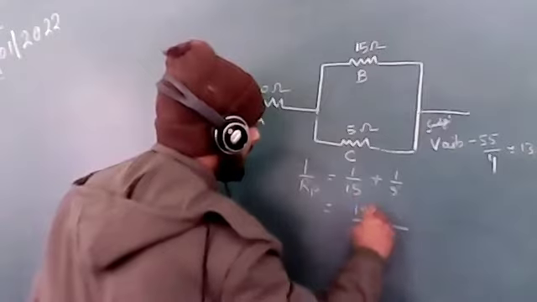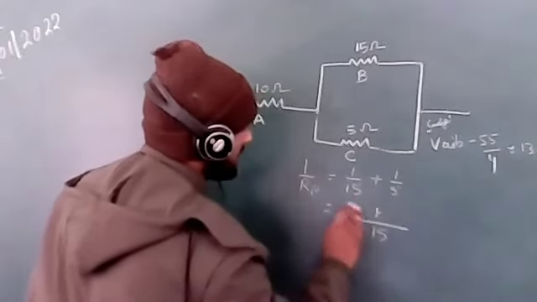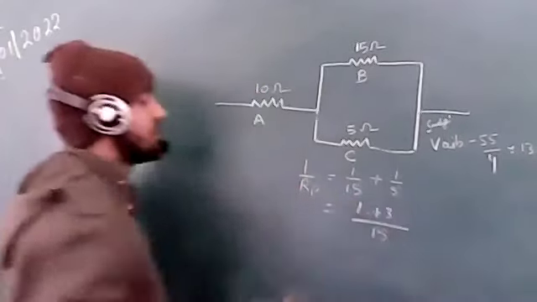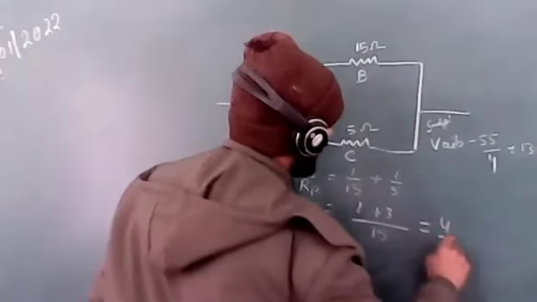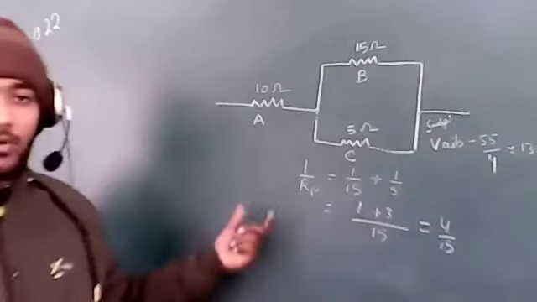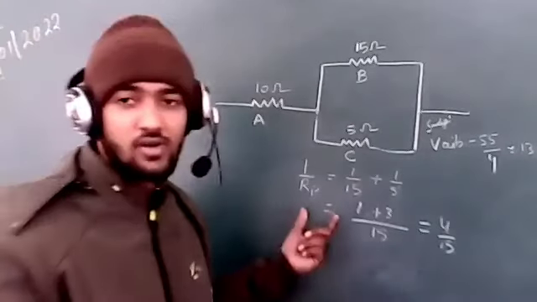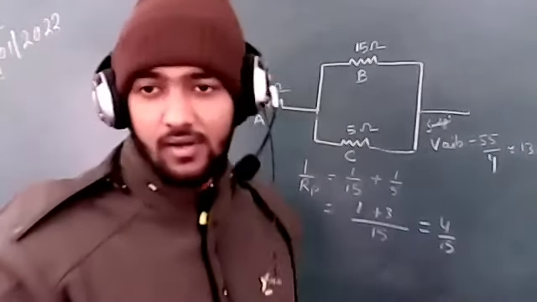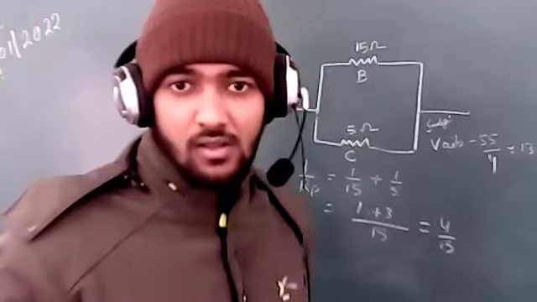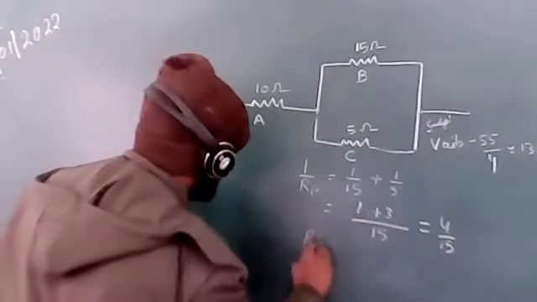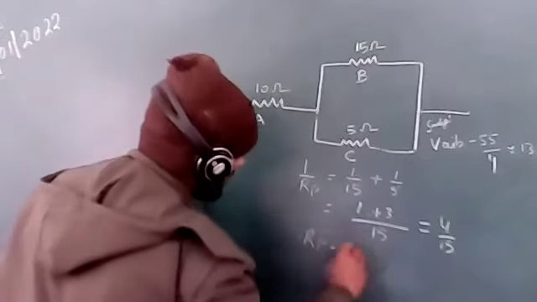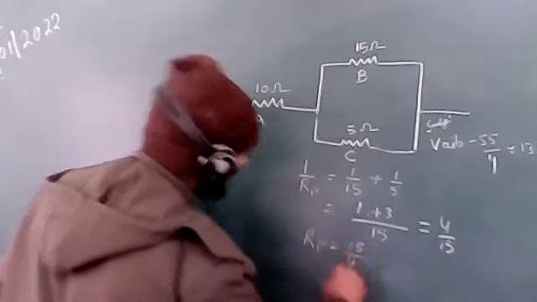This will be 1 and this will be 3. Now it is 4 upon 15, the value of 1 upon Rp. So now the value of Rp will be the reciprocal, 15 upon 4.